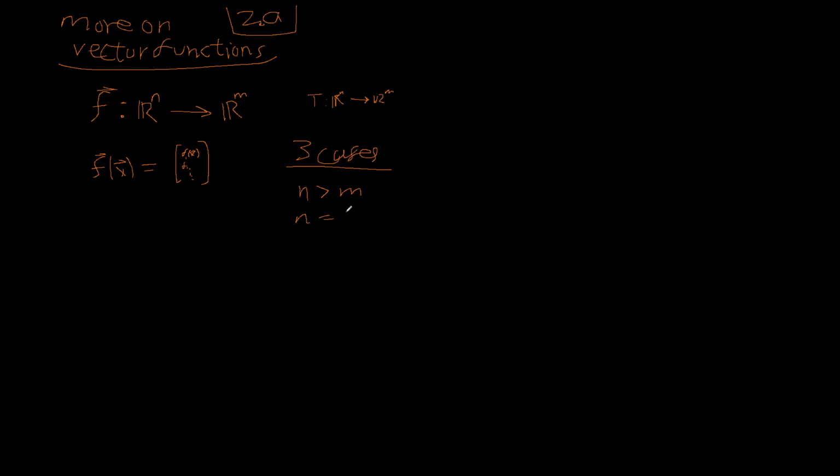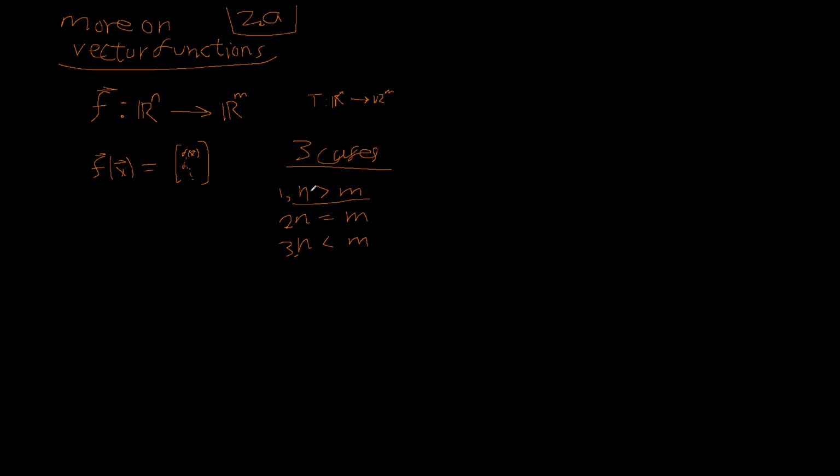Then n is equal to m, and then n is strictly less than m. I'm going to be moving through this a little quickly. So n equals m we briefly covered already, but I'm going to look at this one first. Then I'll go back to this one, and then we'll deal with this last.